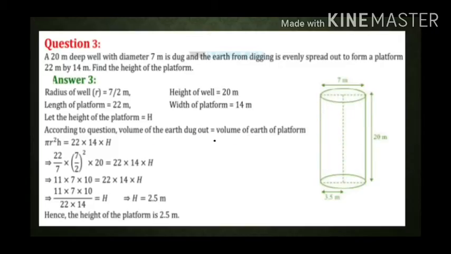And the volume of the earth of the platform, since the platform is in the form of a cuboid, will be length into breadth into height. Consider the height as capital H. You have to find this capital H. Put the values, and you will get capital H as 2.5 meter. So the height of the platform is 2.5 meter.